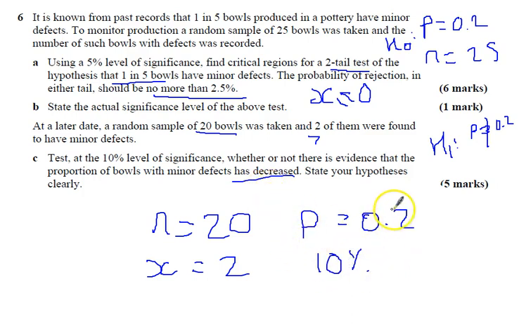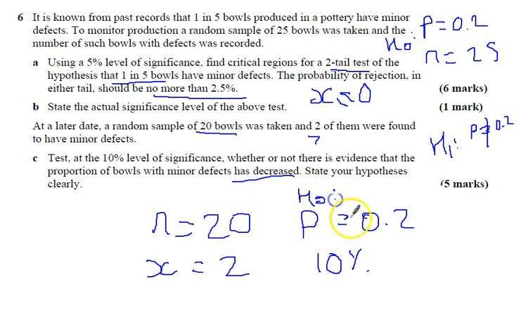So if I now work out the probability that I get for 2 bowls out of 20, and if that is less than 10%, then I can reject H0. So again, state your hypotheses clearly.